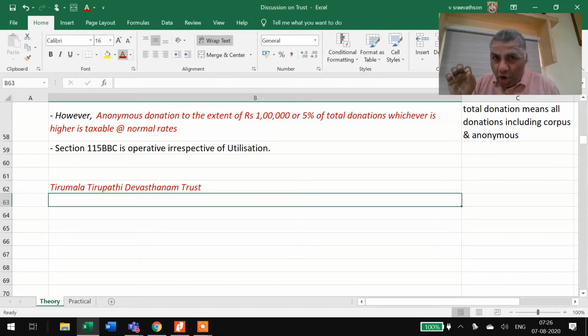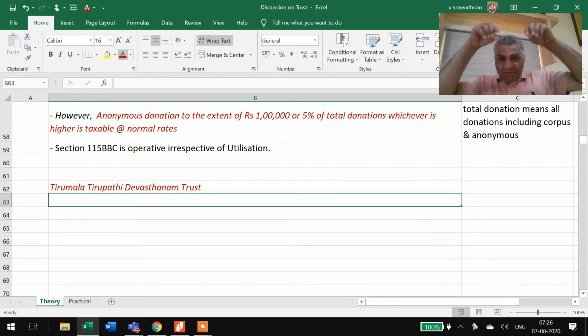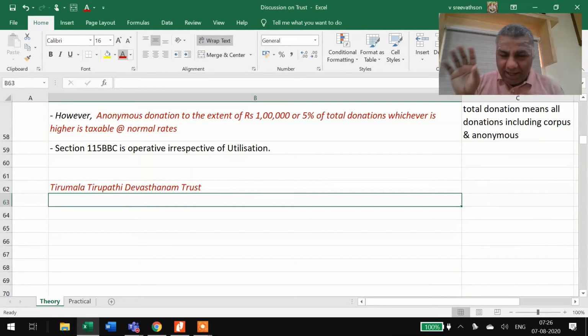Any dropping in this hundi will be considered as corpus donation. Corpus donation means it will not form part of income. You all know. So any droppings in this hundi, he has noted, Hariharan has noted, will form part of corpus. When you come outside, there is a Srivari hundi. That is general donation. If you drop there, it is general donation.